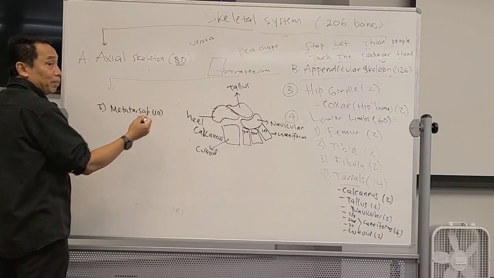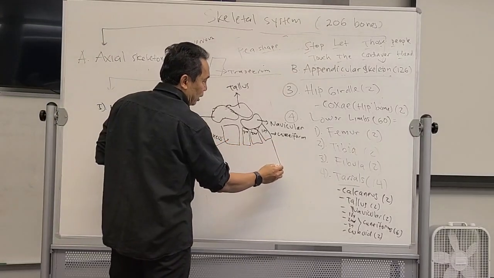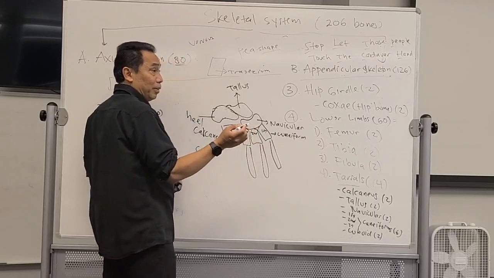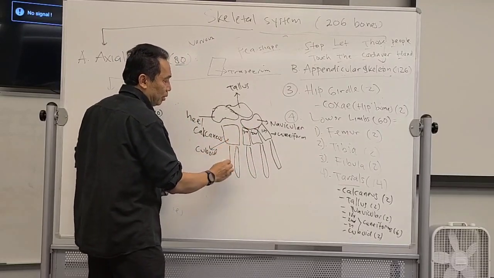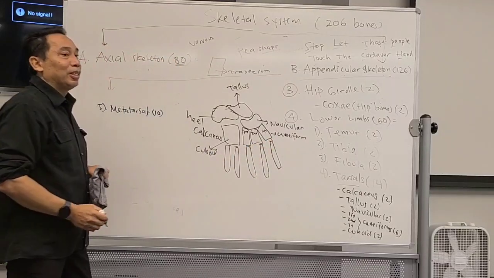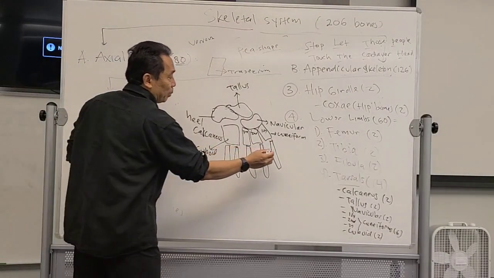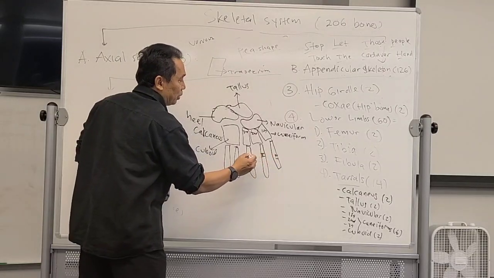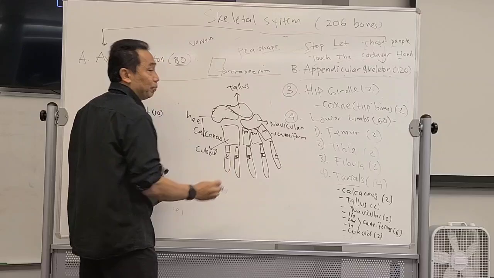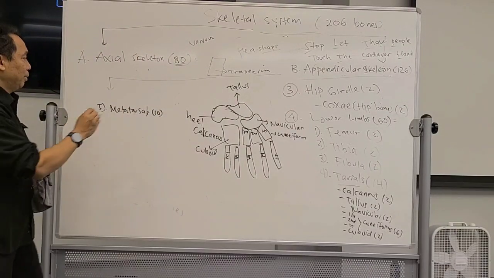Or 10. 5 plus 5. So it's going to be like this. 1, 2, 3. This one is together over here. Okay? So 5 metatarsals, metatarsal 1, 2, 3, 4, and 5. You with me? Done. Metatarsal.